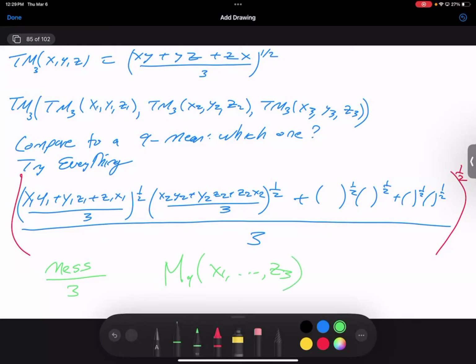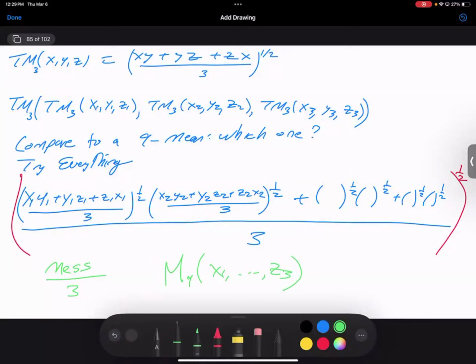Is there going to be a choice where this works? Yeah, because this is the function of the same variable. So we can just define it to be that.